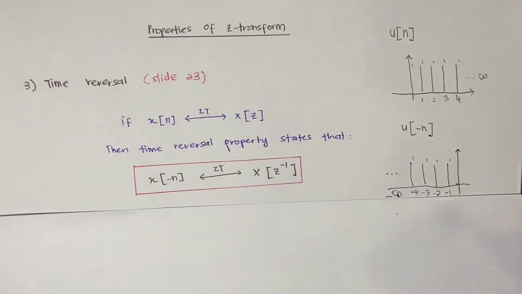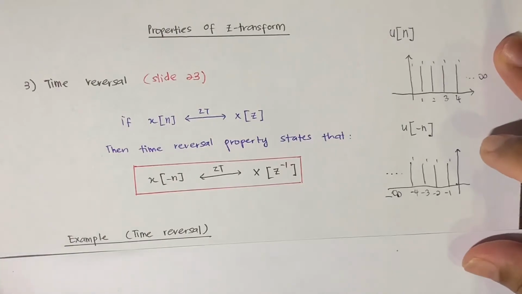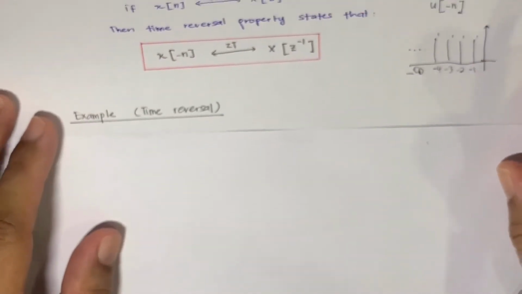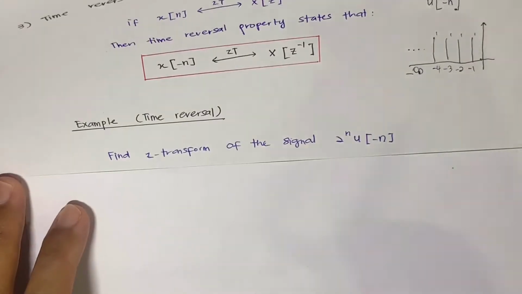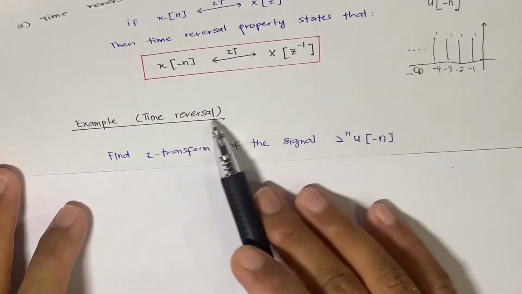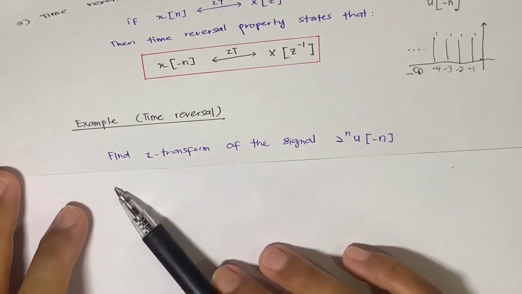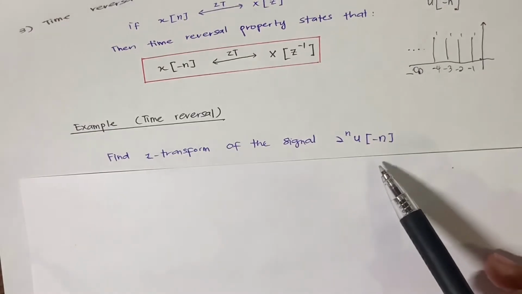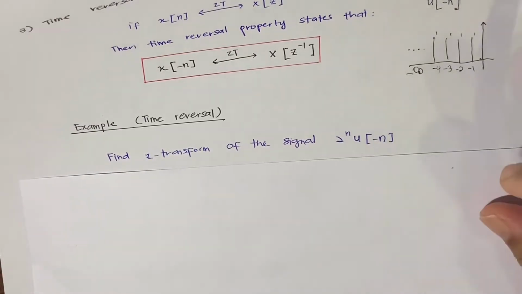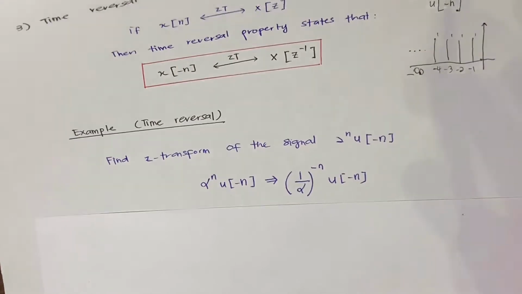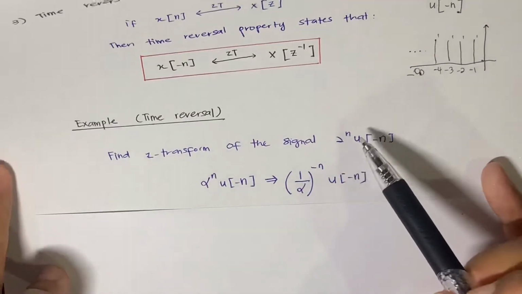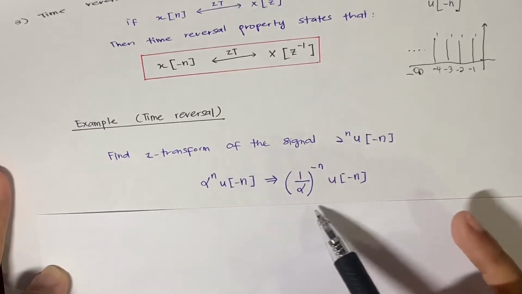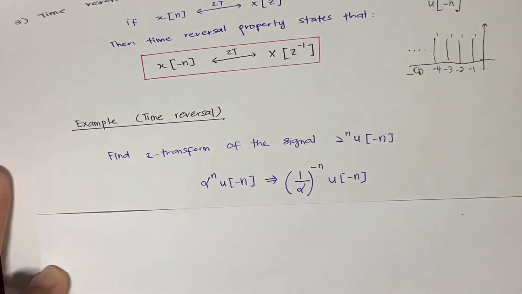Now I just go to the example of time reversal property. Okay, for example, find Z transform of the signal 2^n u[-n]. You must know that if you want to change this n to negative, you need to apply this equation.